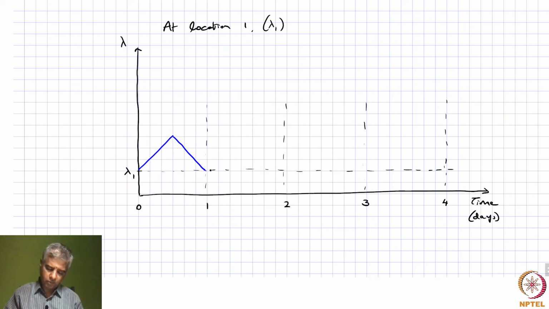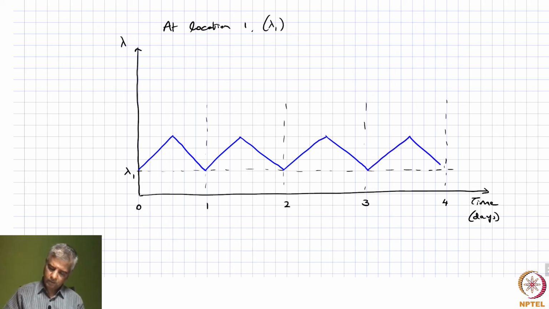And then the next day similarly you are going to have an increase and then a decrease, an increase, a decrease, and so on. So this is what we expect, and it goes up. So what wavelength does it go up to? Let's say this is the maximum temperature it reaches on any particular day.